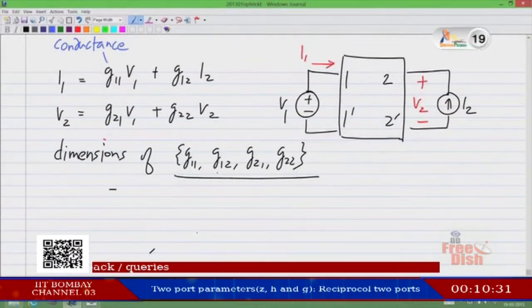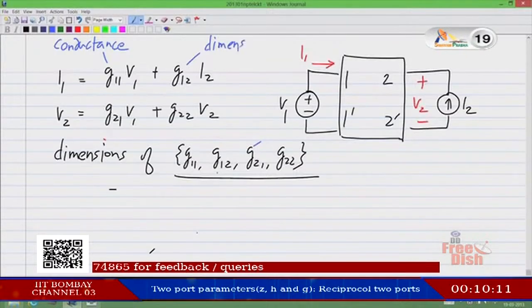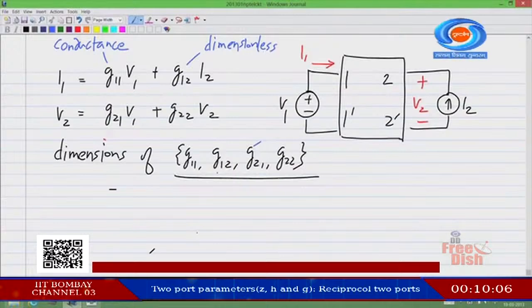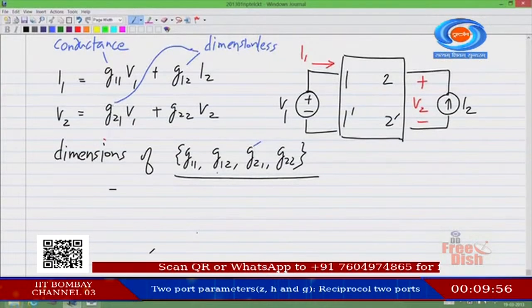What about G12? G12 is clearly dimensionless. It multiplies a current to give a current. And G21? It is also unitless. It multiplies a voltage to give a voltage.